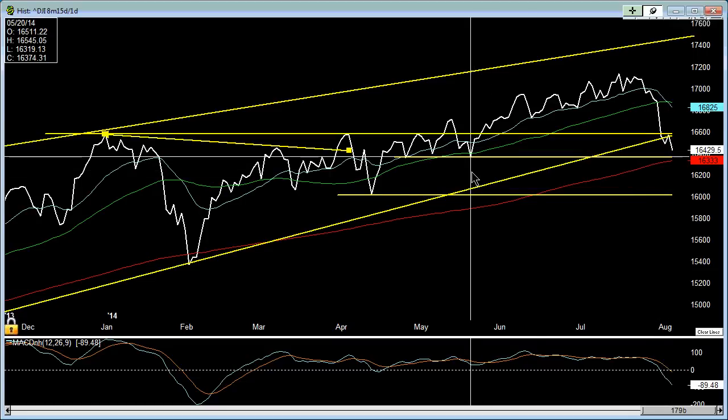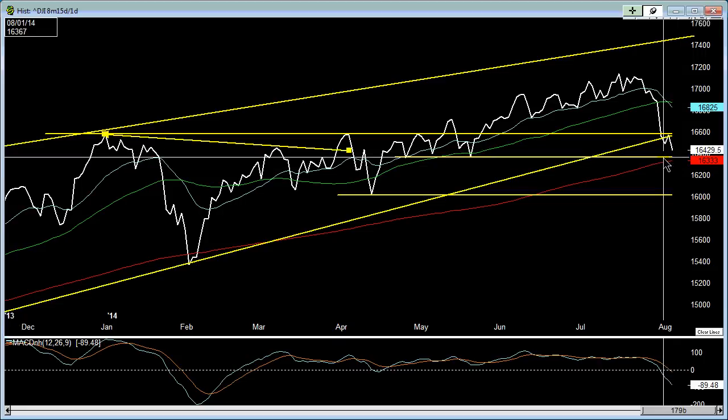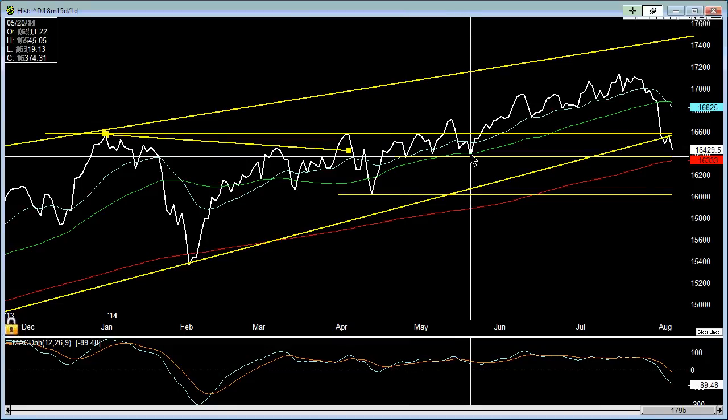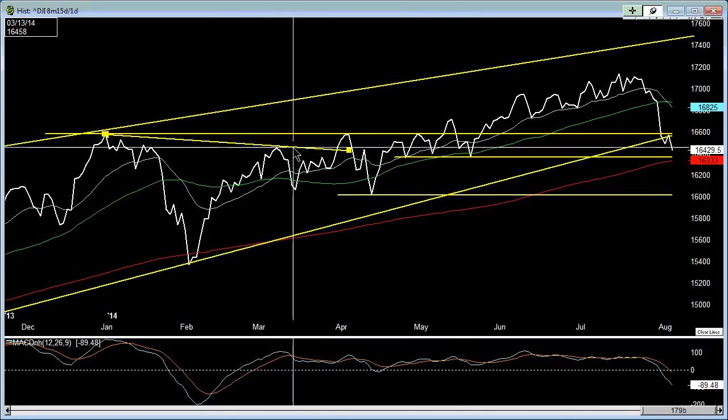So now it's coming down, and we may tag this level here that everybody was probably staring at, this 16,374. Okay, and when it gets down there, if it bounces, everybody says, oh yeah, 200-day moving average. Really? Well, it's actually these pivot points, right? 16,361, 16,374.